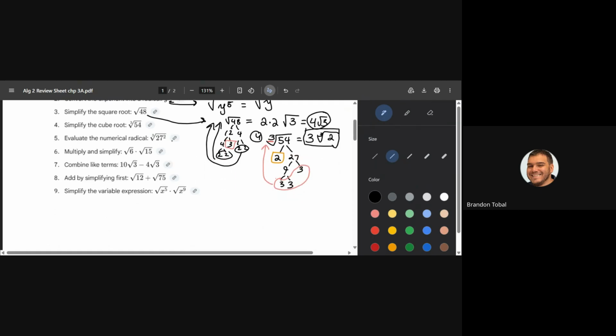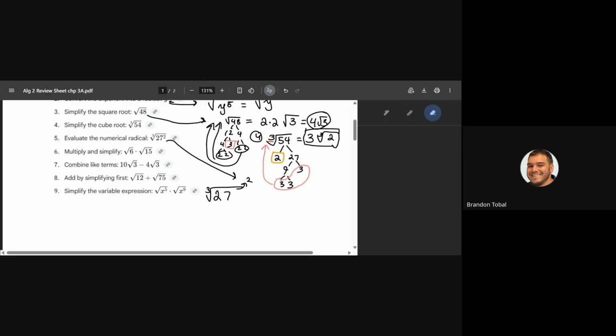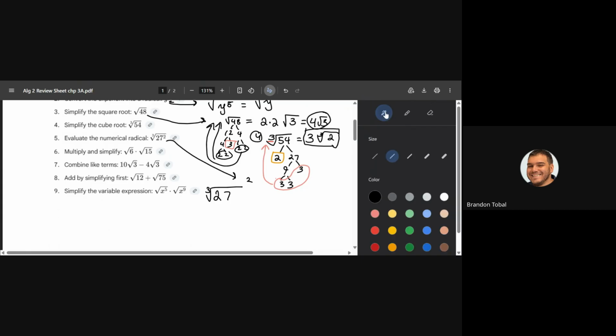Number 5, we're going to evaluate this one. There's 2 ways to do it. You could do it by calculator or by hand. First thing I'm going to do, instead of making a big number, is move the 2 on the outside, which means now it's just 27 on the inside. Now I'm going to break down 27, 3 and 9, 3 and 3.